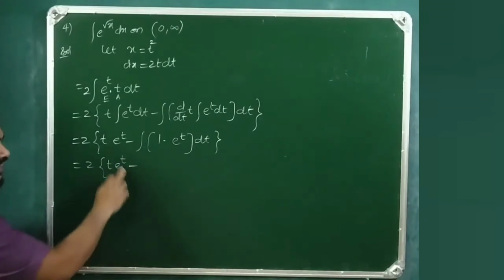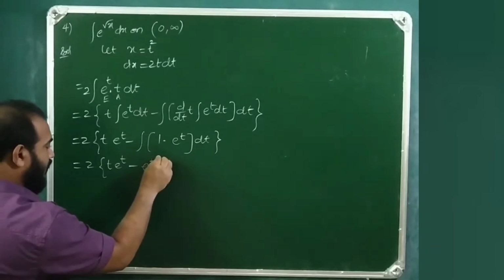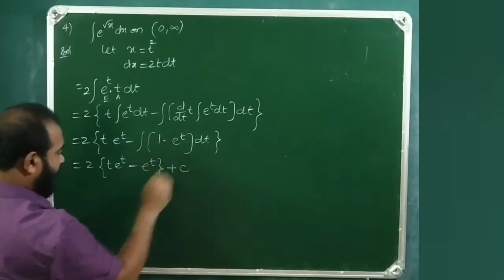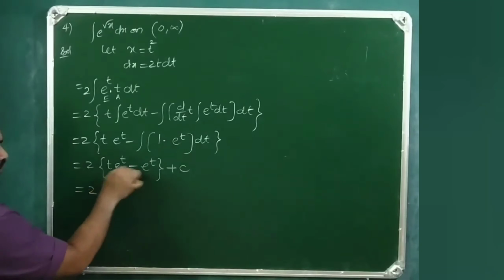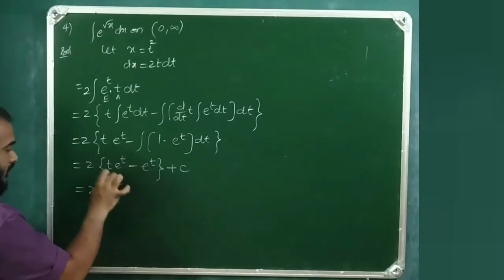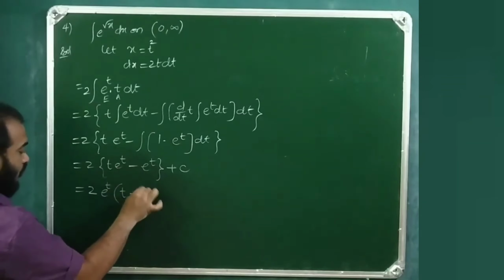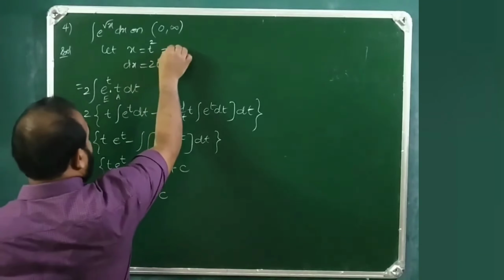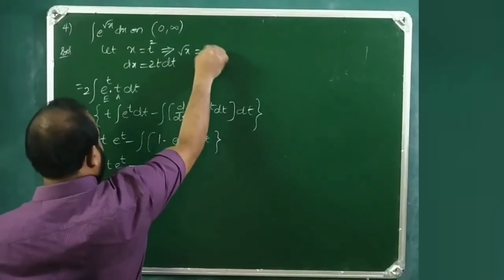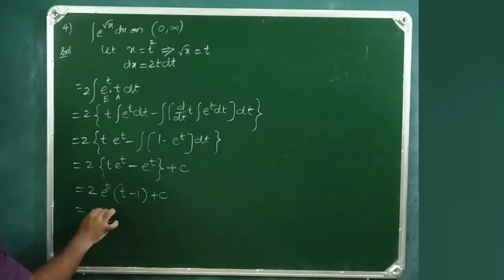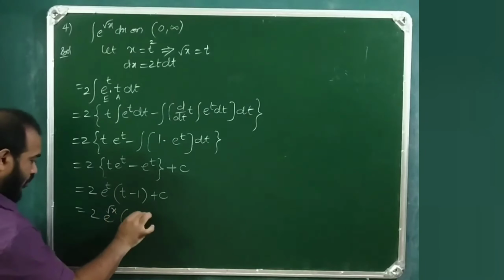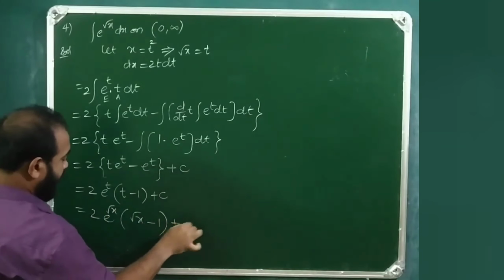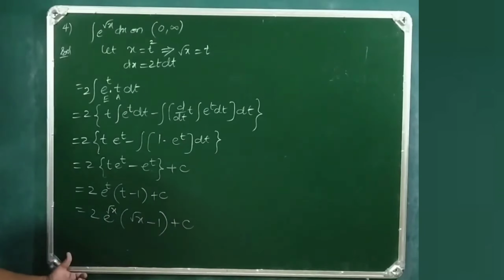The integral of e power t dt is e power t plus constant of integration c. So 2 into, take e power t common in both of them, then this is t minus 1 plus c. So 2 into e power t; x is t square while root x is equal to t. So e power root x into root x minus 1 plus constant of integration c.